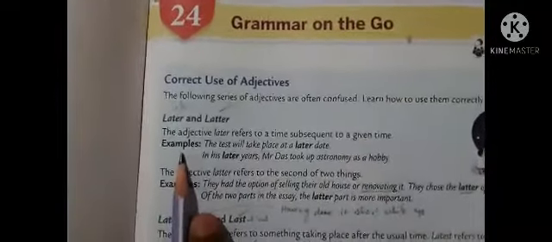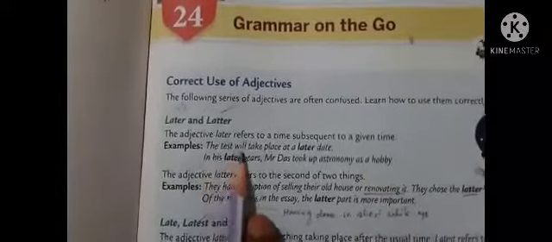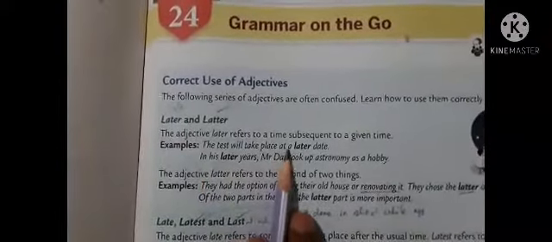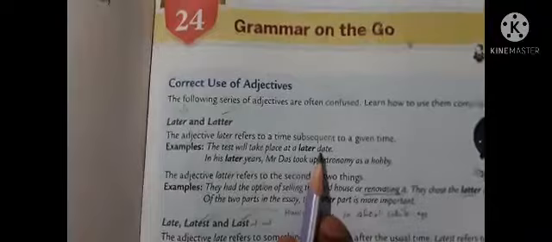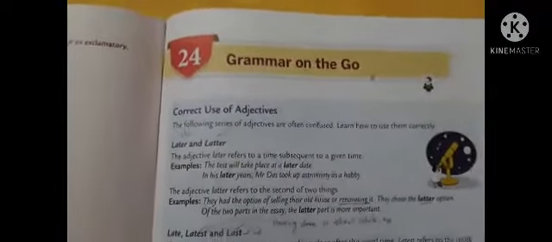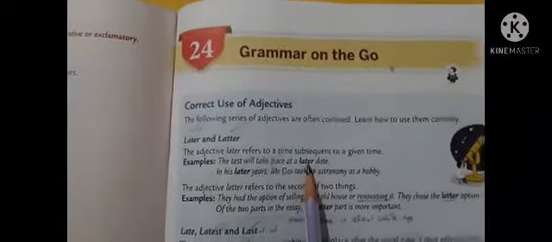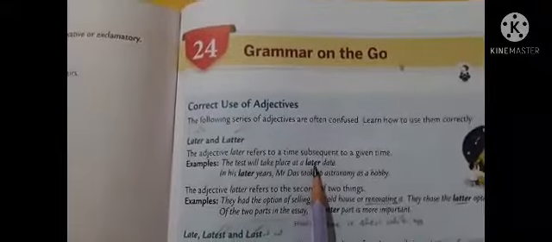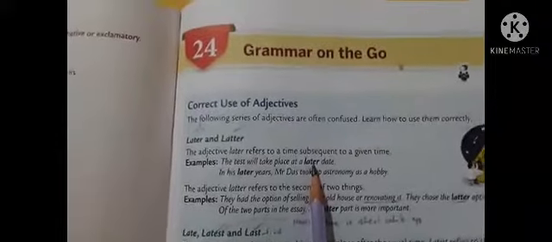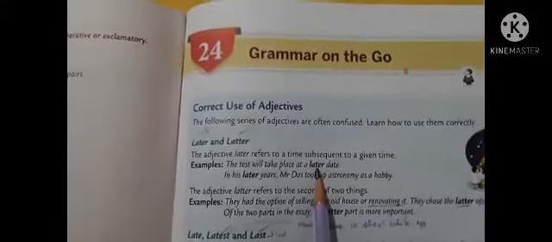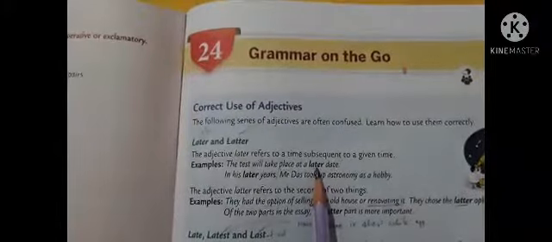For example, the test will take place at a later date. Here, the adjective later refers to a time. So, the test may begin after 1 hour or after 2 days. So here it refers to a time.